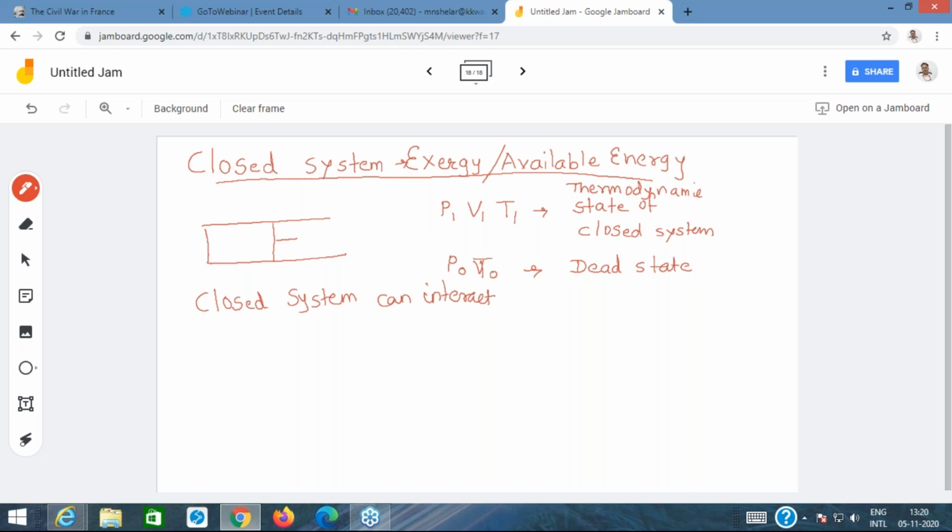Interact either by heat transfer, let us say some heat transfer Q, and this closed system can interact with the surrounding via the work transfer, and this work transfer for a closed system is the boundary work, meaning the boundary moves. This is the boundary work.